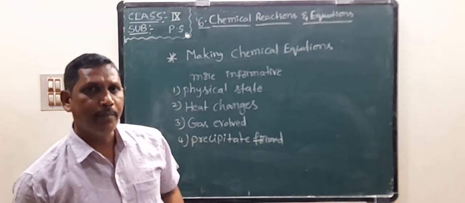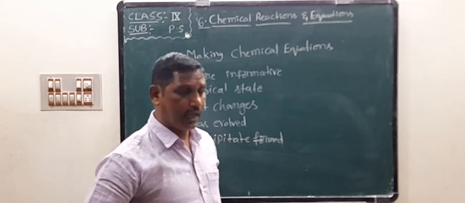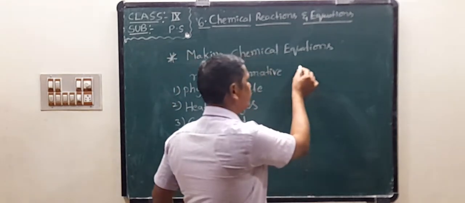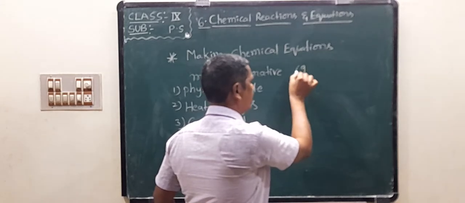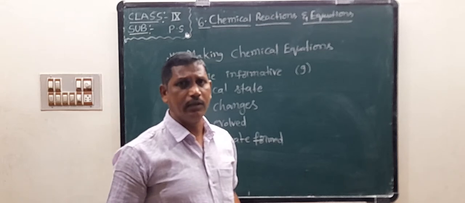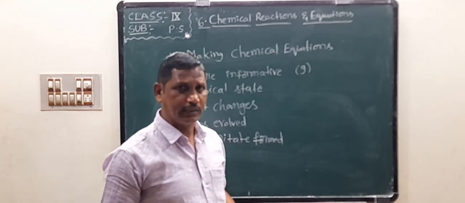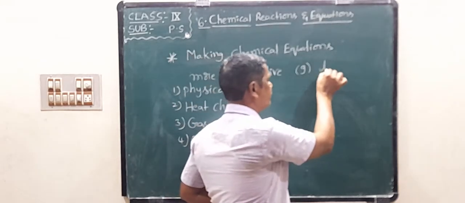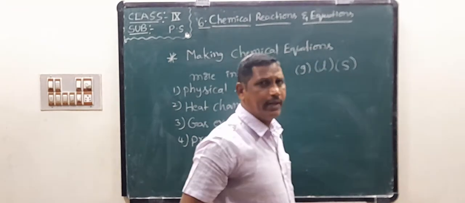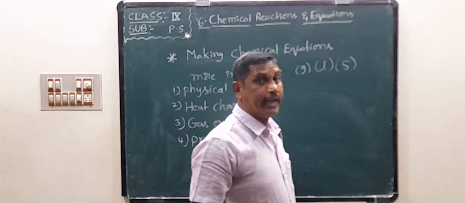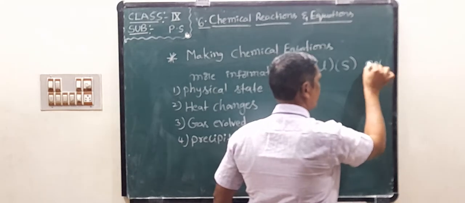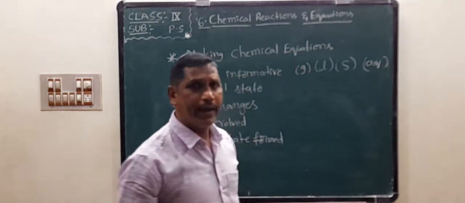If the chemical is in the gaseous state, we put a small g below that chemical. If in liquid form, small l. Solid, denoted by small s. If aqueous solution, it is denoted by aq.